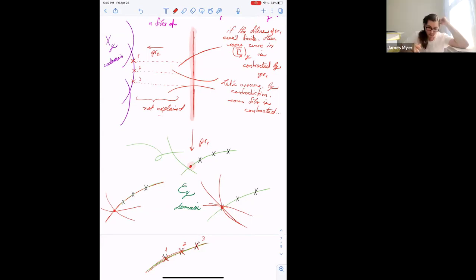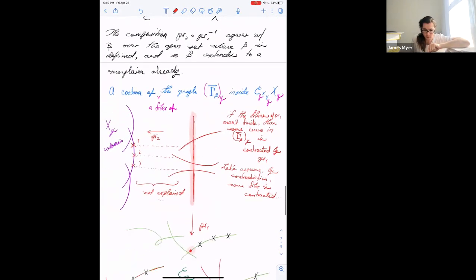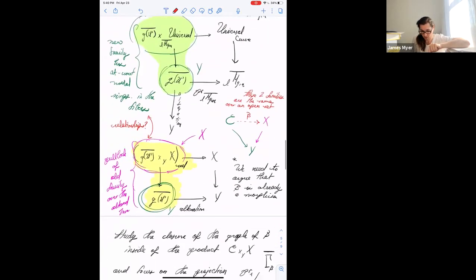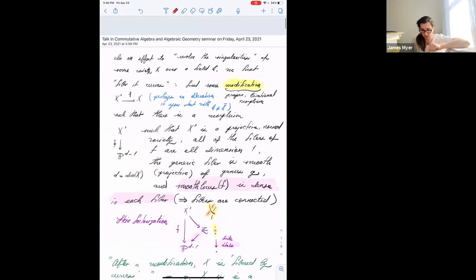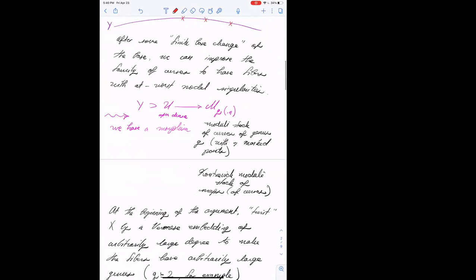It's been helpful for me, even just to try to talk about it, because it's definitely a weird step. But you see why you really need these points. I should quickly say though, the reason I brought this up is that there is another way to do this argument and use a different stack. You mentioned the Kontsevich moduli stack.